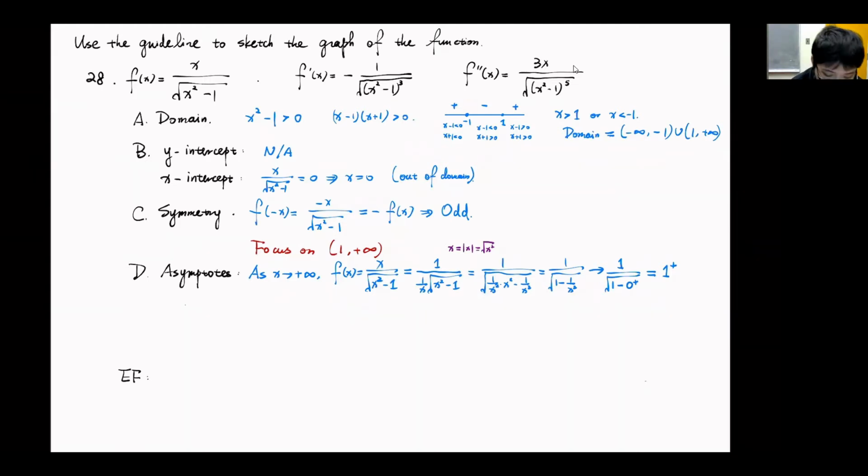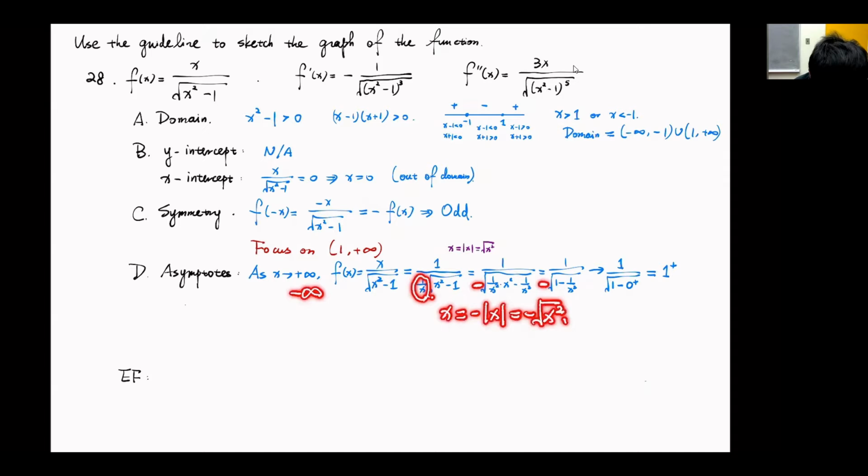On the other hand, if you are trying to get the limit at negative infinity, so when you are trying to place this 1 over x into the square root, you keep in mind that in that case, you have x equals minus absolute value of x, which is minus root of x squared. So when you place that into the square root, remember that there has to be a negative sign in the front.